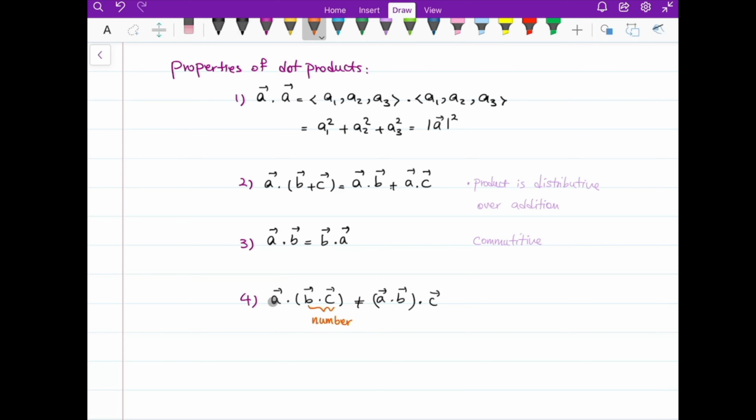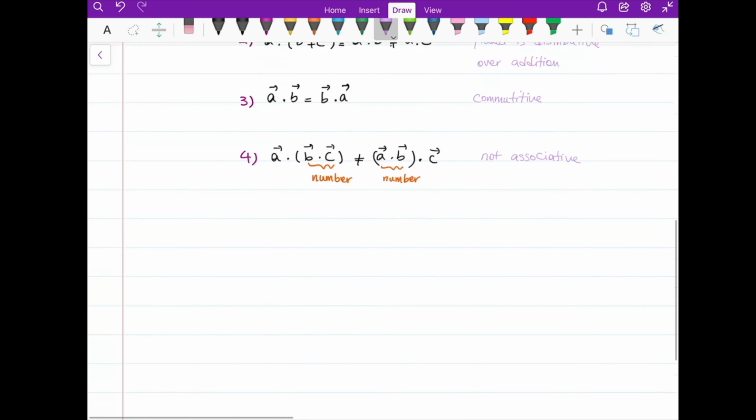So I have a vector a dot product with a number. It's not possible. The dot product is defined on two vectors. How about here? The same idea. I have a number in here. I cannot multiply it by a vector. I cannot have the dot product with a vector. So for the dot product, I have to have two vectors. So it's not associative. Okay, good.